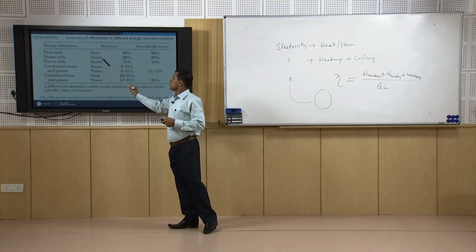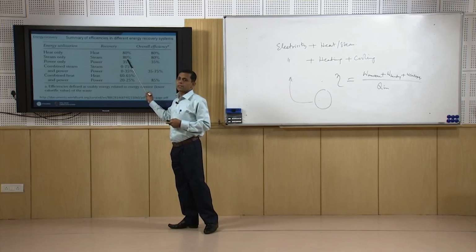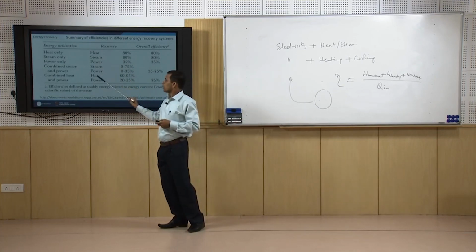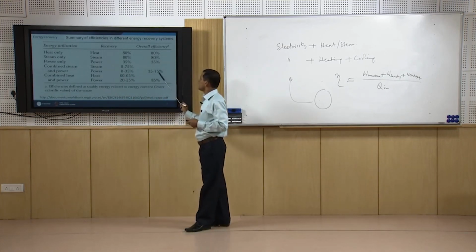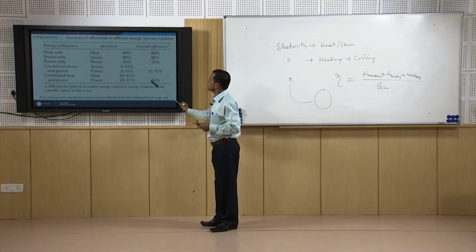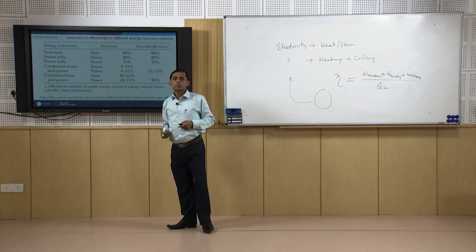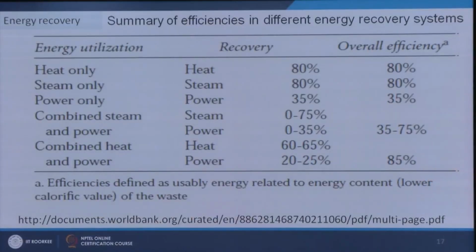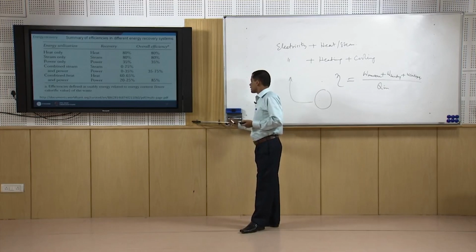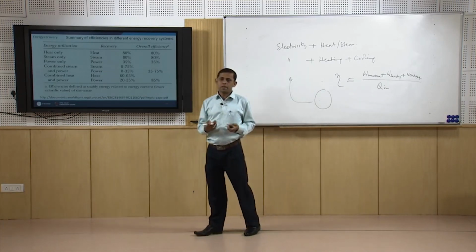Steam and heat separately give more efficiency, but you can combine these two, either steam and power or heat and power, and then we get intermediate overall efficiency. The maximum efficiency we get here is with heat and power. So, combined heat and power applications give maximum efficiency. Efforts are going on to improve the efficiency of the power plant.